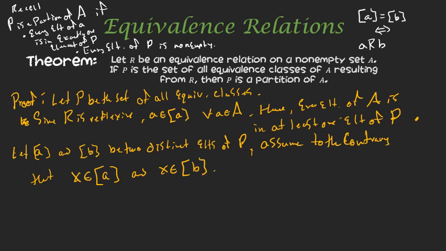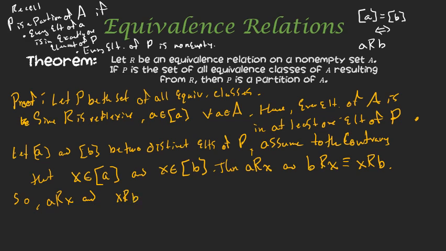What does this mean? This means that A is related to X and B is related to X, but by symmetry, B being related to X means the same thing as saying X is related to B. So we have A is related to X and X is related to B. By transitivity, it follows that A is related to B. Now we get to use our previous theorem.